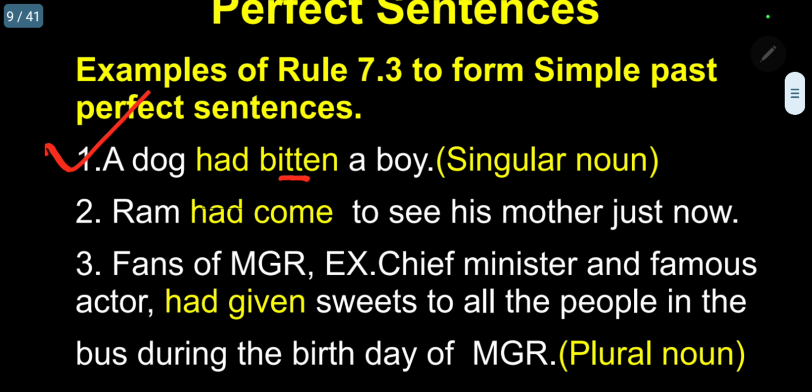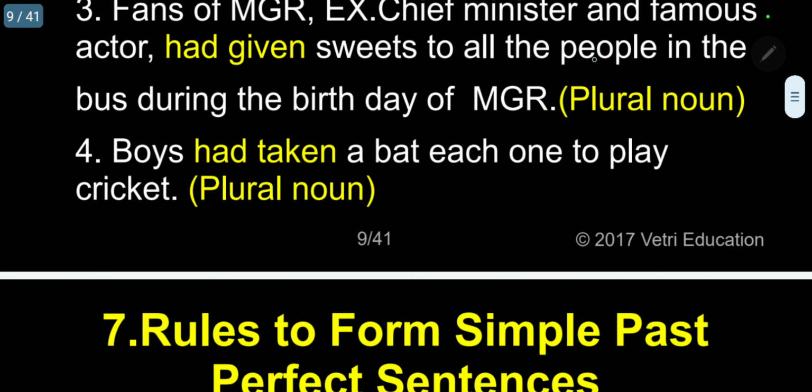Bitten is the V3 verb. Singular. Ram had come to see his mother just now. Come, V3 verb. Had come. So always had is a must, and V3 will come next. Fans of MGR, ex-chief minister and famous actor of Tamil Nadu, had given sweets to all the people in the bus during the birthday of MGR. Please follow. Plural.